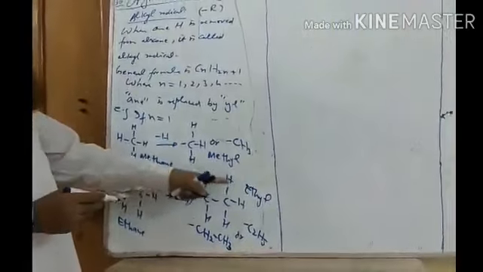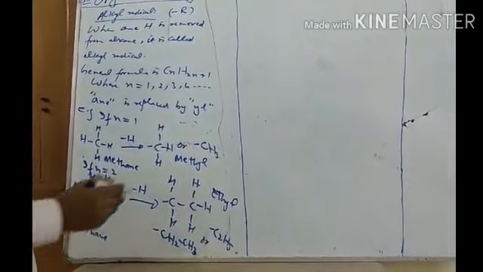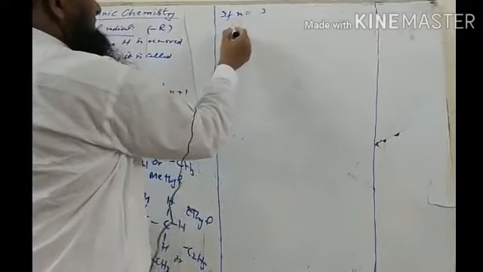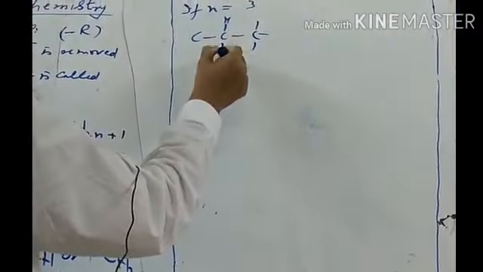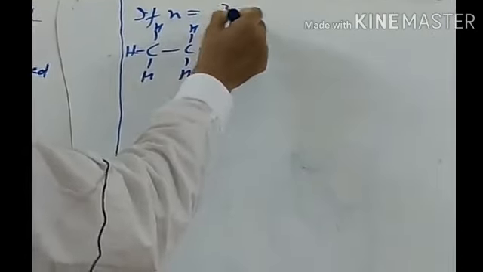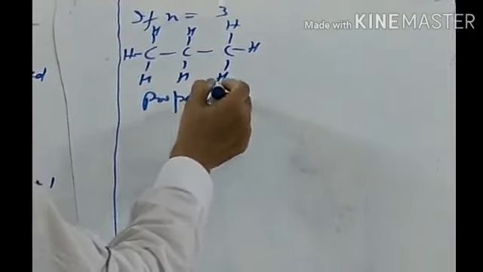In this case, you can remove any one, so CH2 hyphen CH3. Similarly, if n is equal to 3, the alkane family name is propane.